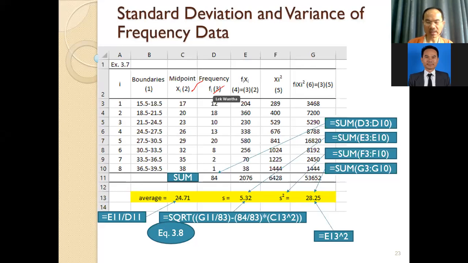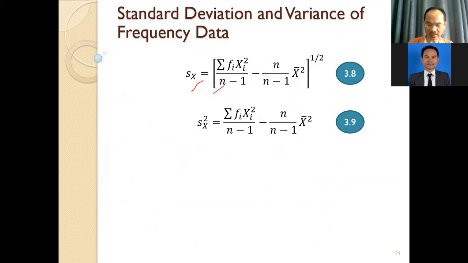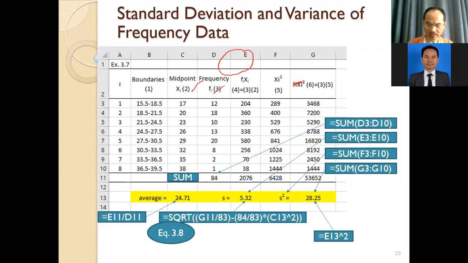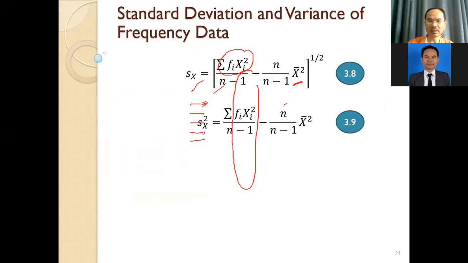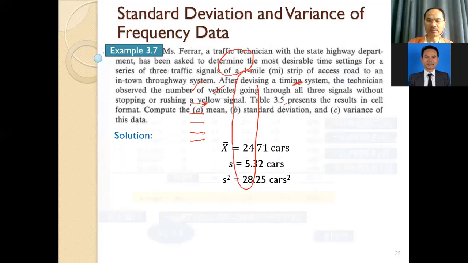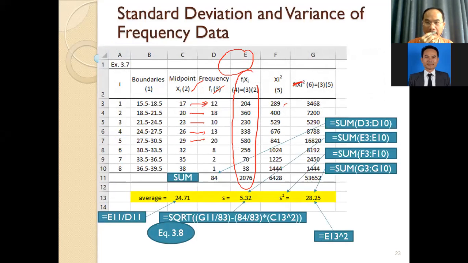Okay, you know xi, you know fi, and then you calculate following this formula: summation fi xi square, minus this term x bar square. This is fi xi, this couple, and then this is xi square, fi xi square.